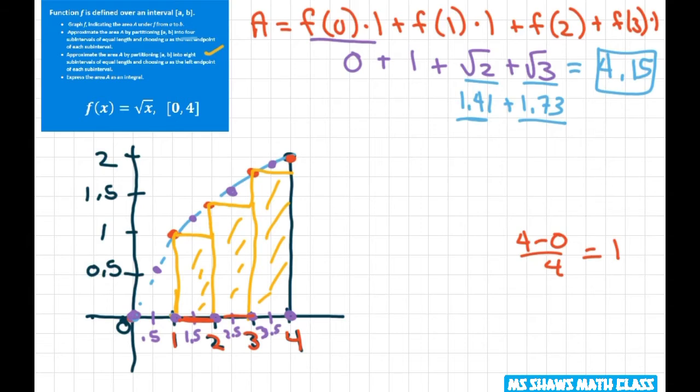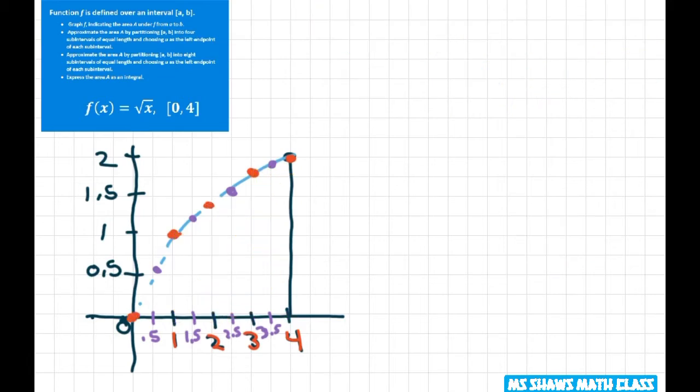Now we're going to do the 8 intervals, so we're going to have all these other rectangles. For the 8, we are going to use the 1/2. I start at 0 again because that is my left endpoint, then we go to 0.5. You go up and go across, then at 1 we go up and then go to 1.5.